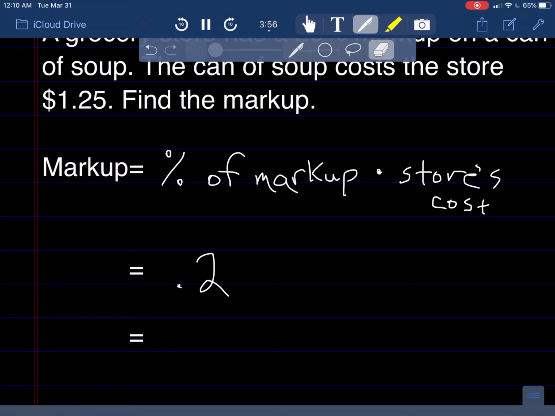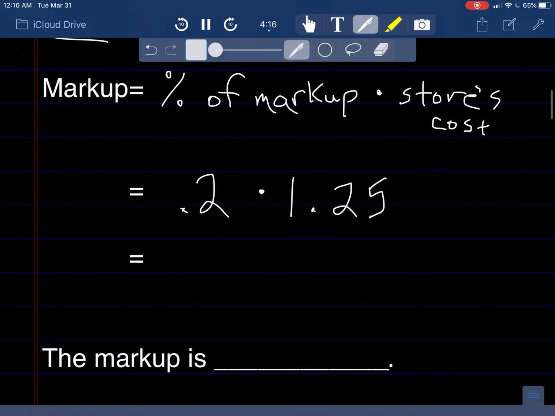And then we're multiplying it by the store's cost. So what did the store pay for it? If you look at your problem, they paid $1.25 for it. So we have 0.2 times 1.25. Take a second to do that math. Pause the video if you need to. All right.